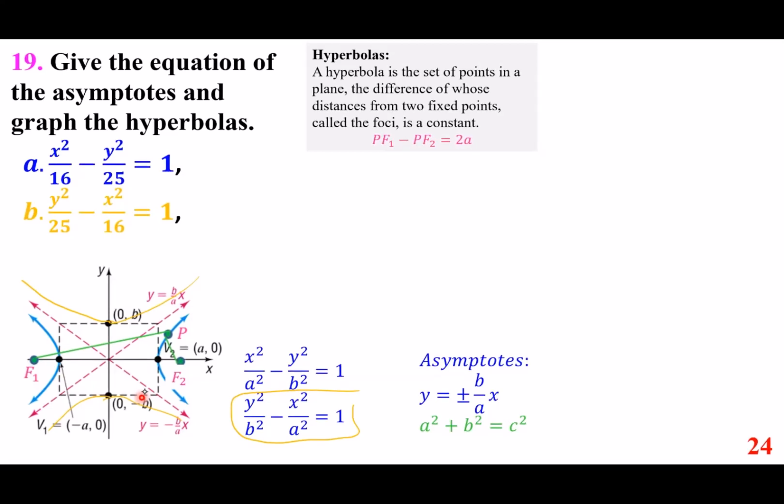So center at 0, 0 for both cases. A, square root of 16 or 4. B, square root of 25 or 5. And so in this case, the vertices are 4, comma 0 and minus 4, comma 0.